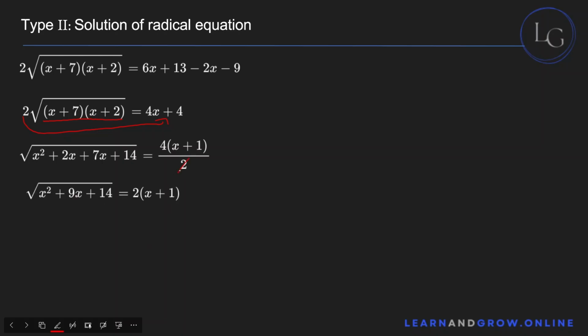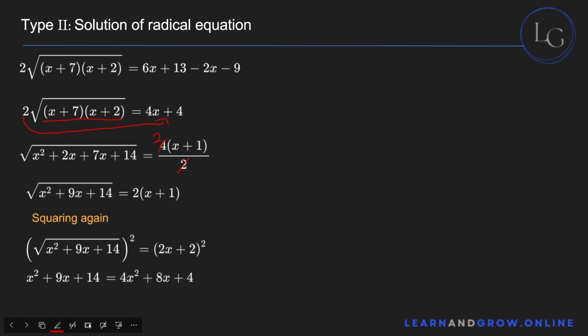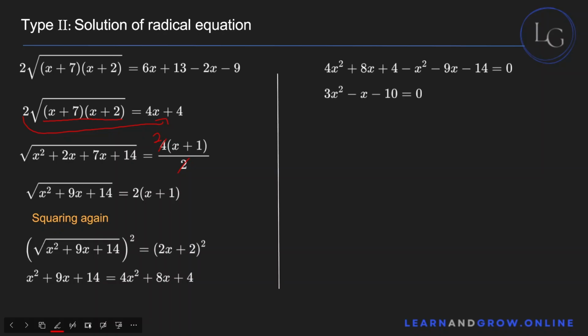Obviously, you'll do this division also, and after this, you'll take the square on both sides because you have to eradicate this radical sign over here. Upon doing so, you get this, and now you'll do all the calculations to get this quadratic equation.